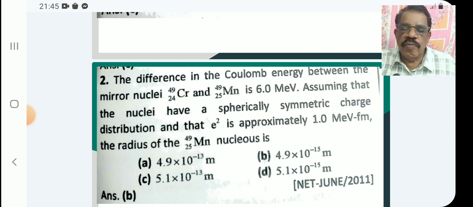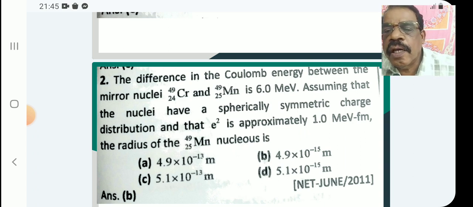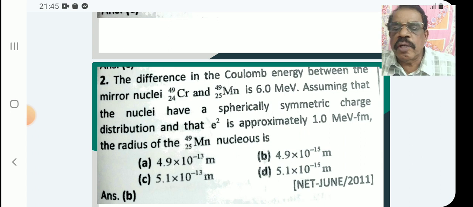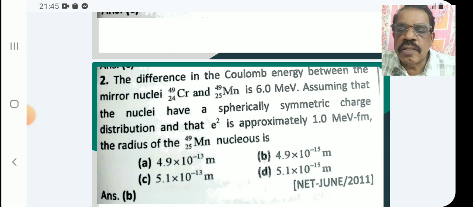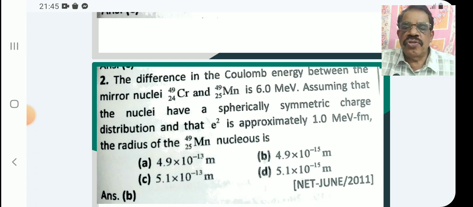The answer is B. When we express the nuclear radius in terms of meter, we get 10 raised to minus 15. So with that idea, the answer A and answer C can be ruled out because they are in 10 raised to minus 13. So 10 raised to minus 15 choices we have to select. So B and D are the possible choices, and on calculation we get answer B.